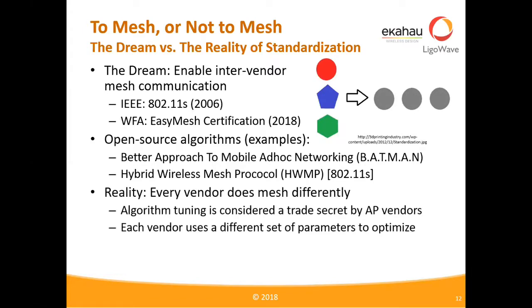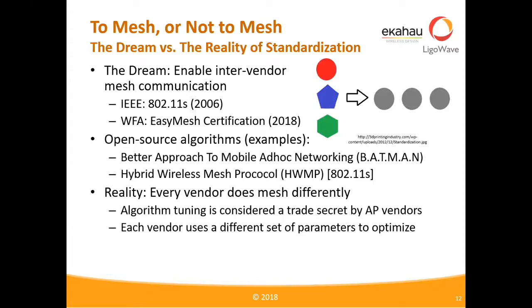Again, the reality, though, is that every vendor does mesh differently. The algorithm tuning, remember I told you on the optimization, I'm optimizing over different parameters. I've seen as low as 2. I've seen as high as about 100 different parameters that you can optimize over, and it really depends upon the vendor and how sophisticated they want to be in mesh and how much mesh is a part of their strategic marketing strategy.